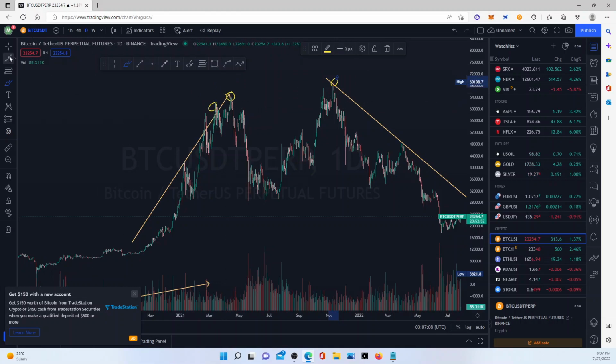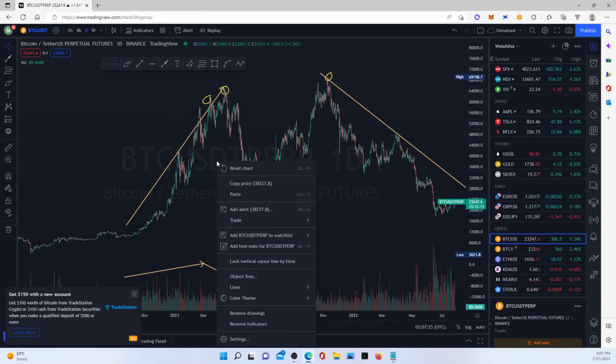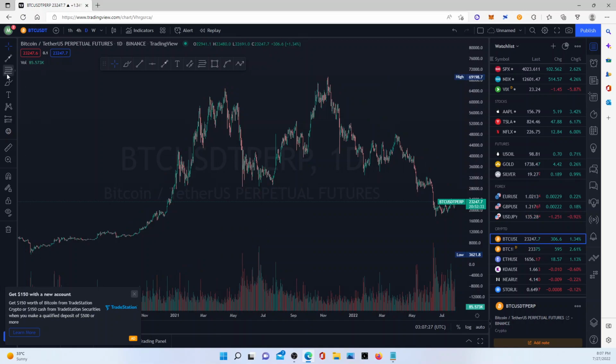However, pay attention to what happens to the volume when the price was going up. Here. See the difference between the volume when the market was in buying, from here to here. Let's just remove everything. Remove all drawings.